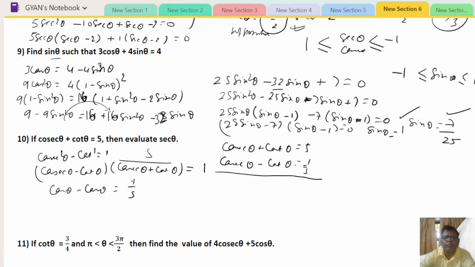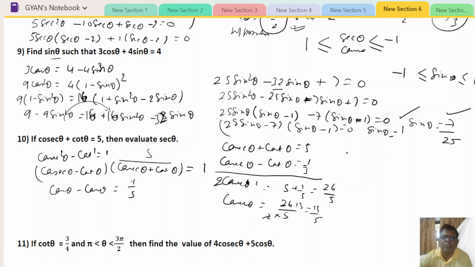You add them, then 2 cosec theta is equal to 5 plus 1 by 5, that is 26 by 5. So cosec theta is equal to 26 by 5 divided by 2, that means 13 by 5.